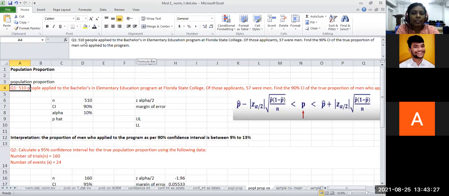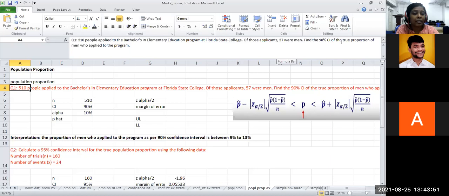So 510 people applied to the Bachelor's in Elementary Education program at Florida State College. So your n value is 510. Of those applicants, 57 were men. So we know that out of the 510 applicants, 57 were men.